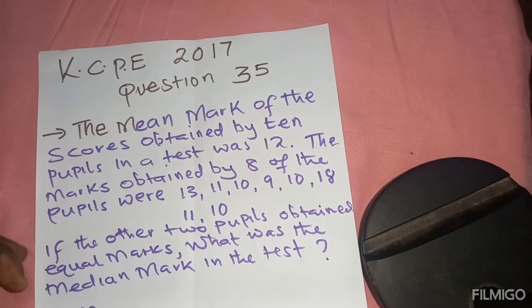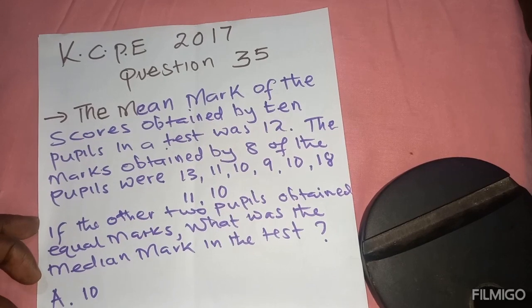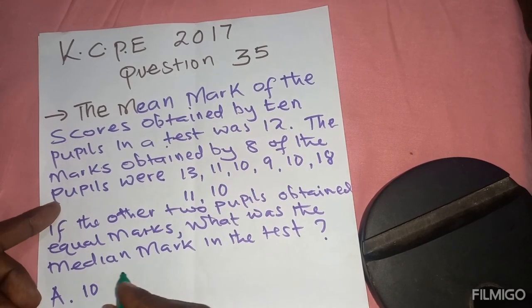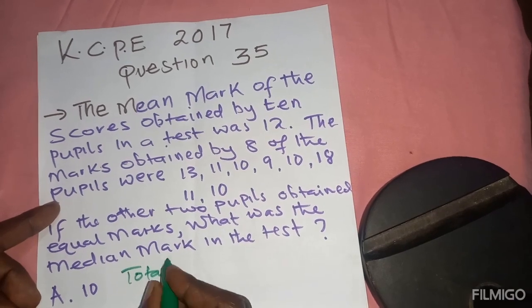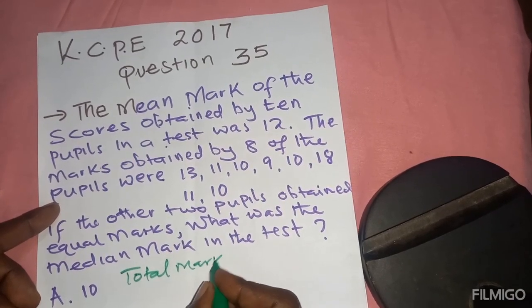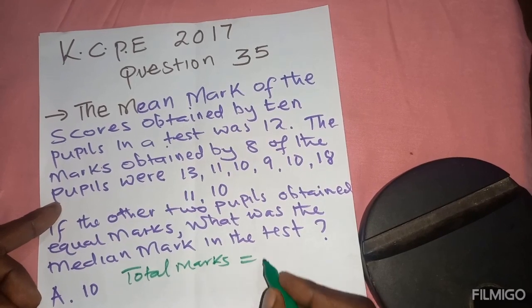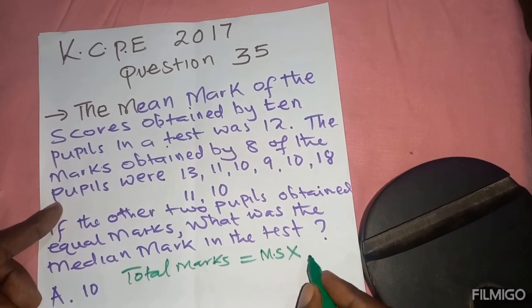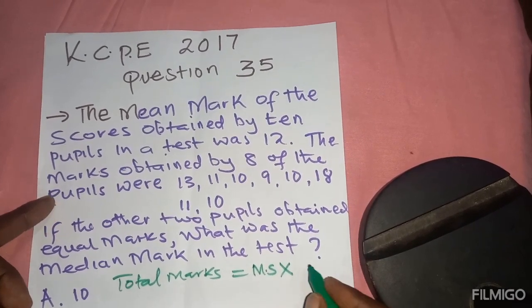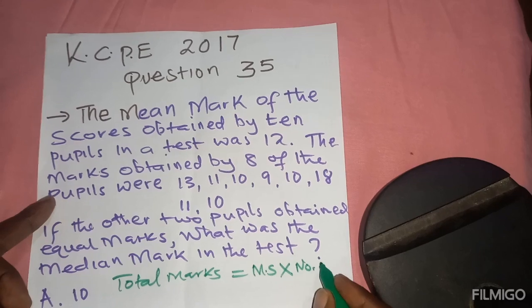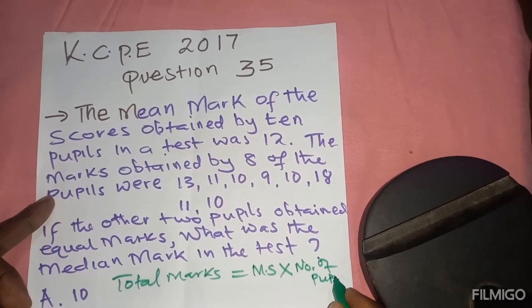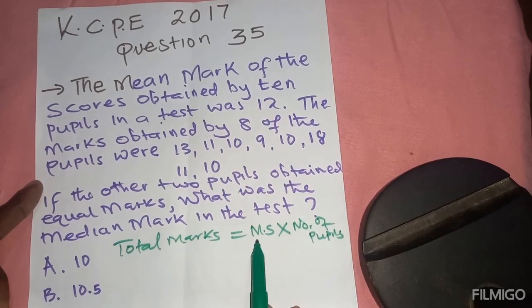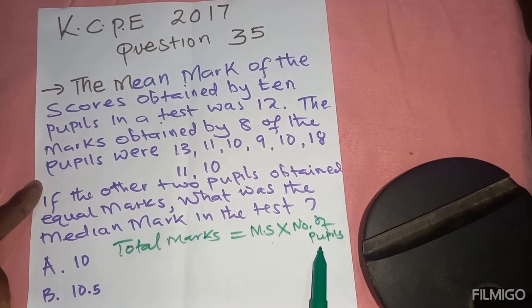Here you start by getting the total marks. To get the total marks, we multiply the mean score by the number of pupils.